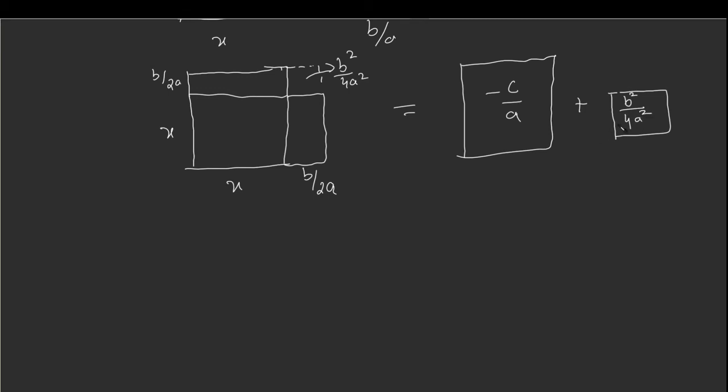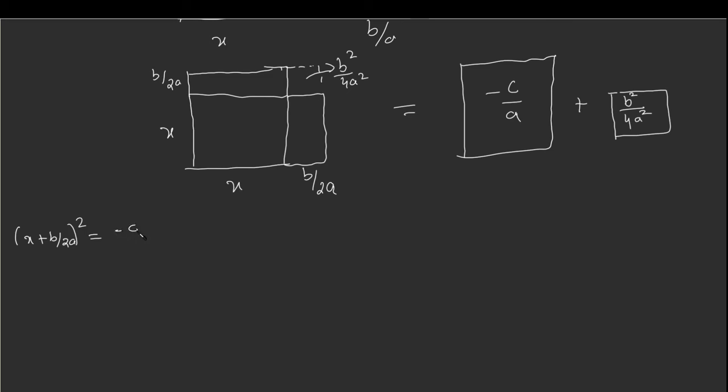So now I will calculate the area of this square and I will equate it to the total area in RHS. So that is b by 2a plus x into b by 2a plus x, that is equal to x plus b by 2a whole square, and this will be equal to what will be the area in RHS, that is minus c by a plus b square by 4a square.